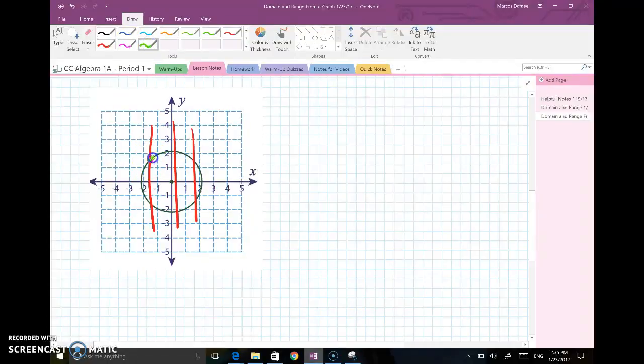I'm going to switch to another color. One hit right there, one hit right there. Okay, and that means that for this first red line, I hit the graph twice. Now, automatically, that means this is not a function, because if you look closely, what that would indicate is that for these 2 points here, this one and this one, you have one input trying to pair with 2 different outputs.